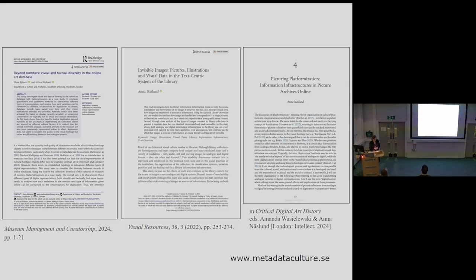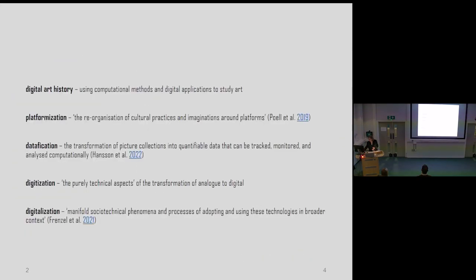Before going into details and examples, I want to say something about some core concepts when it comes to approaches and processes related to the digital. Some of this is maybe already well known to you, but for example, the term digital art history is typically used to denote the use of digital tools and methods to study artworks and other artifacts.